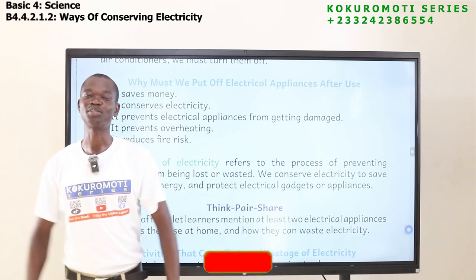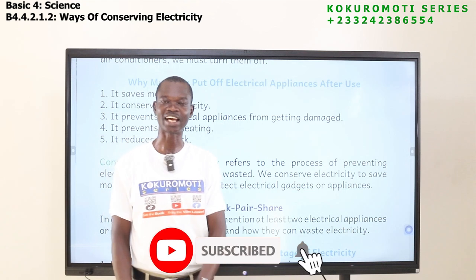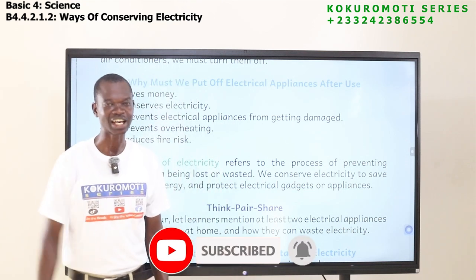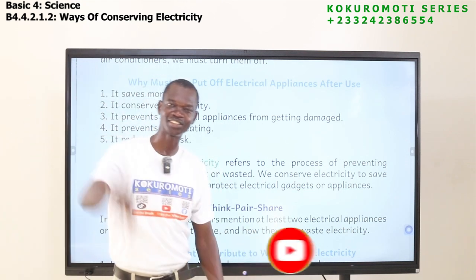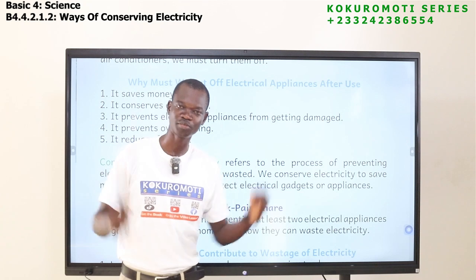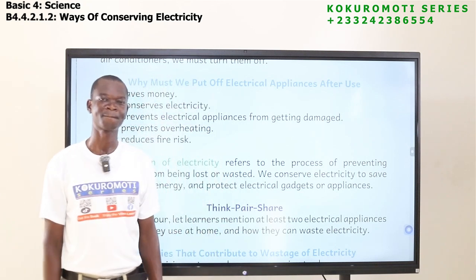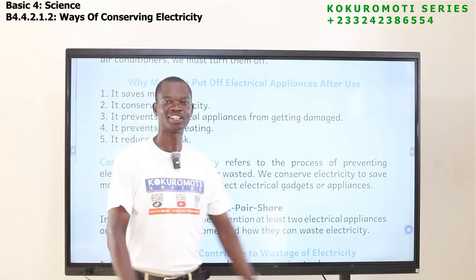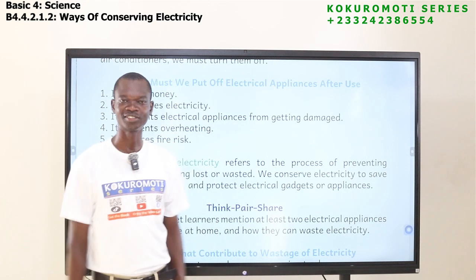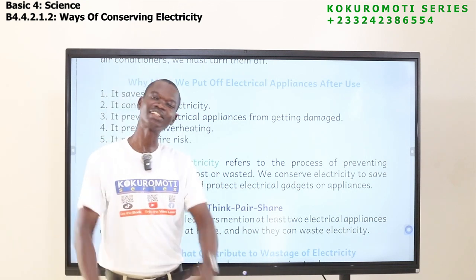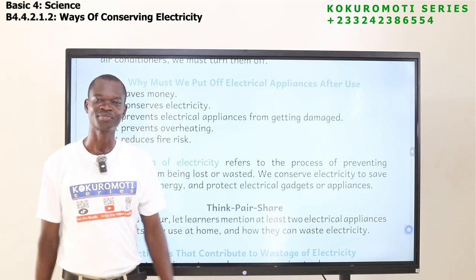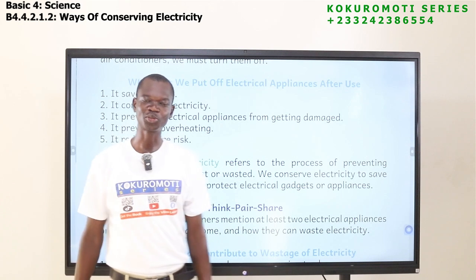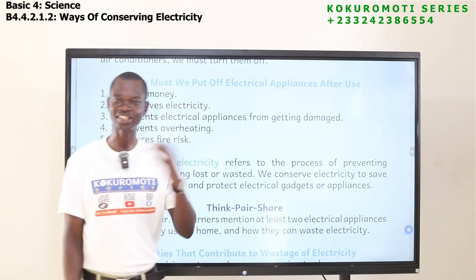The sun too is providing free light, and your bulbs are on. The bulbs too, they are using electricity. They are consuming electricity. The fan is also on. The air conditioner is on. No one is in the room. The iron too is on. No one is in the room. What do you think?